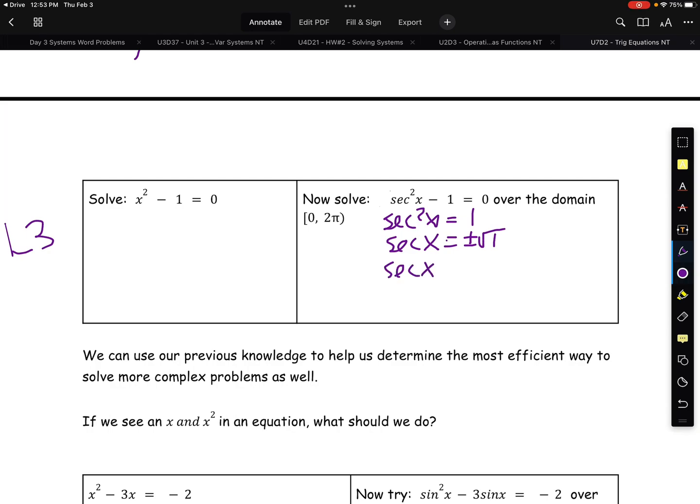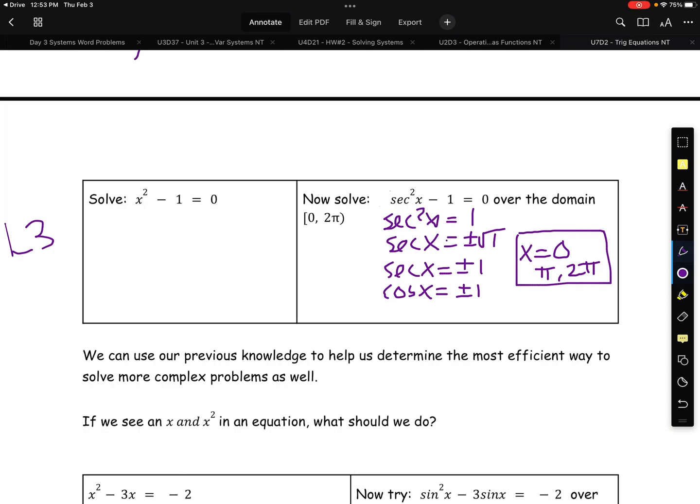The nice thing here is that rad 1 is just 1, so we have plus or minus 1. We don't work in secant, so we have to work in cos. If we flip 1, we get 1. So the question is, where is cos 1? Where is cos negative 1? Cos is 1 at 0, or 0 degrees, and it's negative 1 at pi, or 180 degrees. It's also positive 1 at 2 pi, which is 360 degrees.